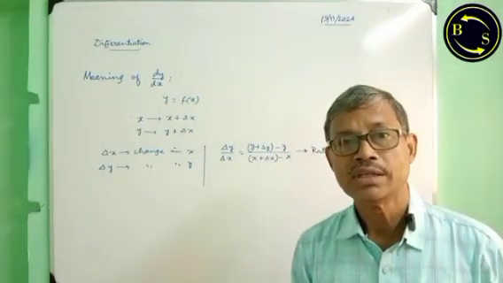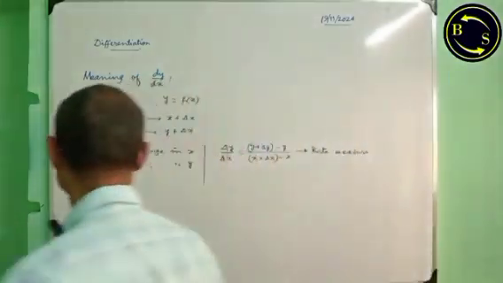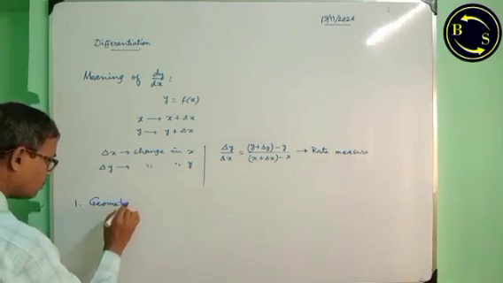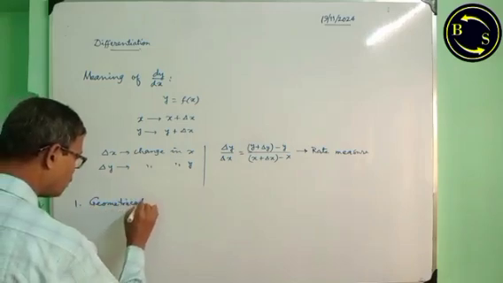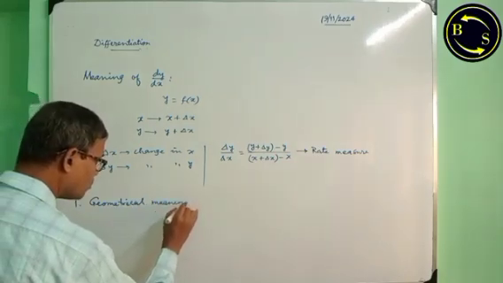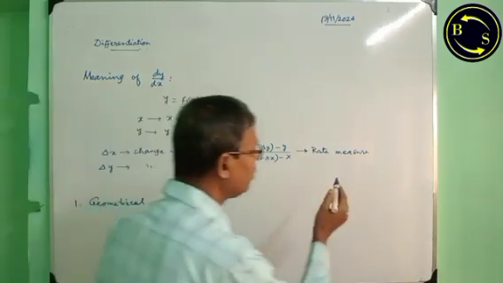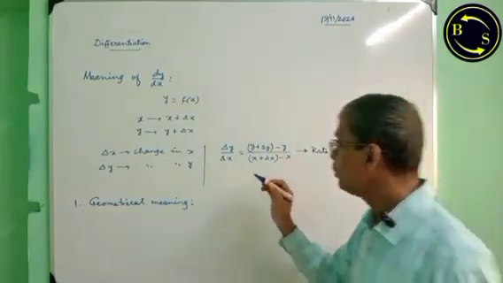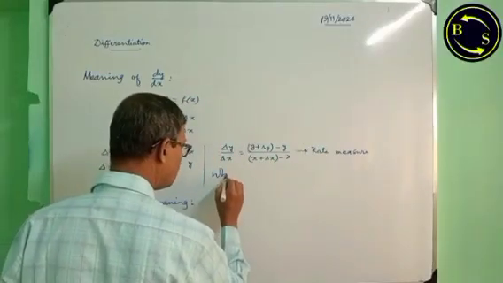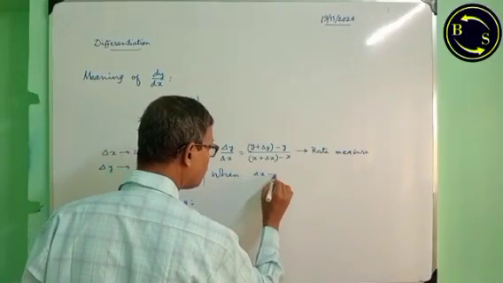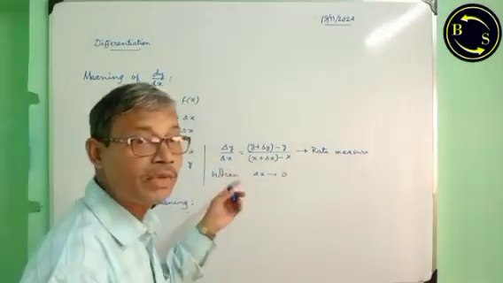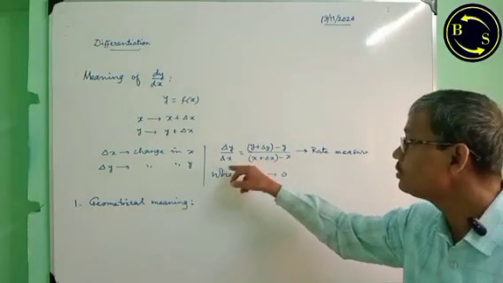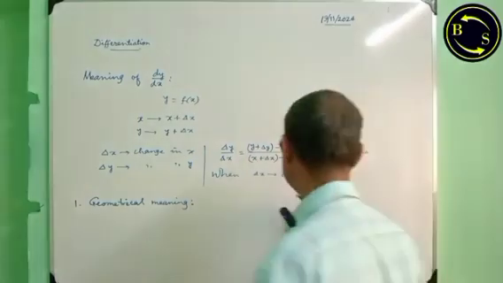First, we take the geometrical meaning. Here, one thing: this is the average change, and when the change of the independent variable is very small, then we call this ratio or quotient dy dx.